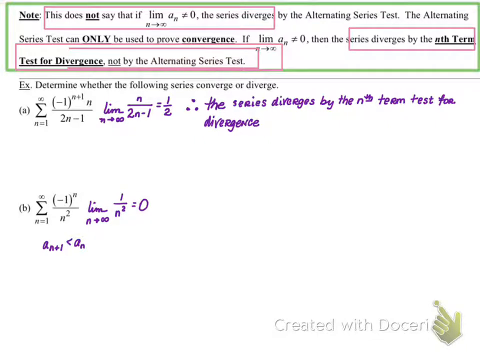Well, let's go ahead and try n plus 1 in our sequence. So we've got 1 over n plus 1 squared. Well, that's always going to be smaller than 1 over n squared. And that will be true for all n an element of the integers.